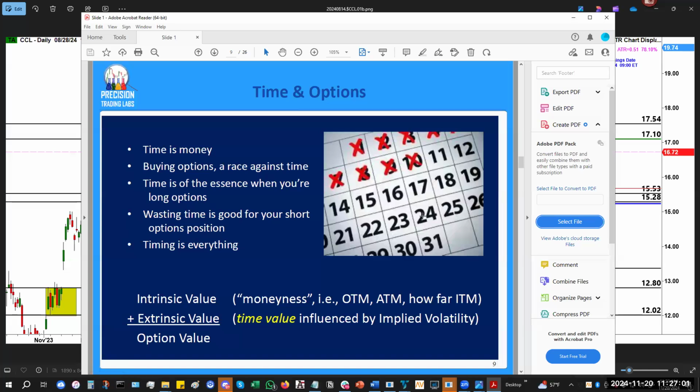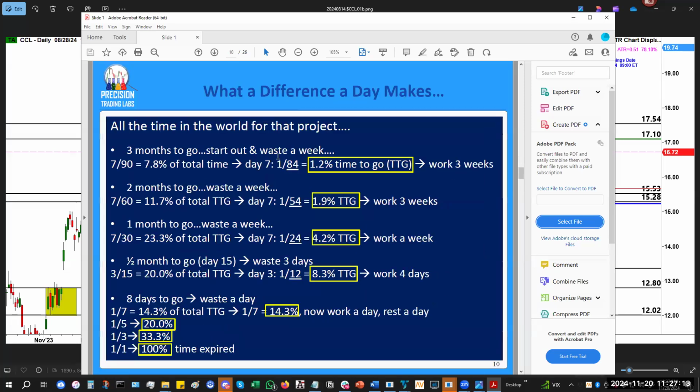Of course, time value is not constant, because it depends on if you're close to earnings or far away from earnings, and it also depends on how close or far you are from expiration. So this is kind of the deal of how time decay works. Just imagine that you've got 90 days to do a project.